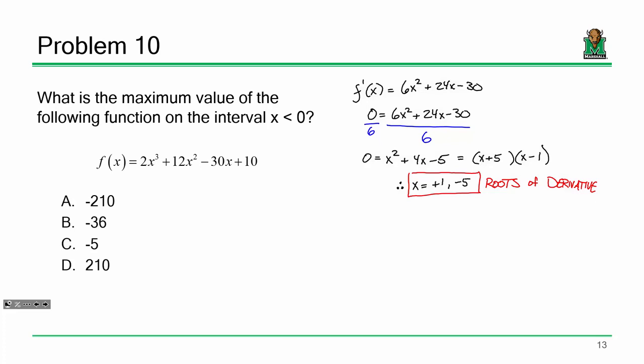What is the second derivative? So if I plug in -5, what do I get? Yeah, you'll see what I'm doing.